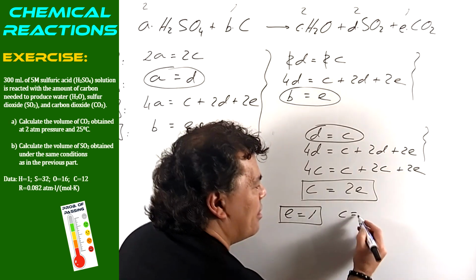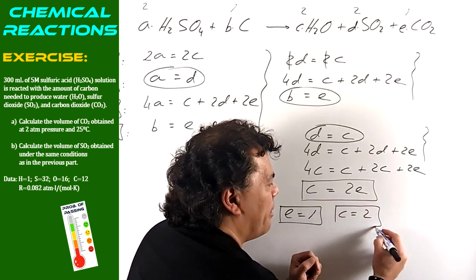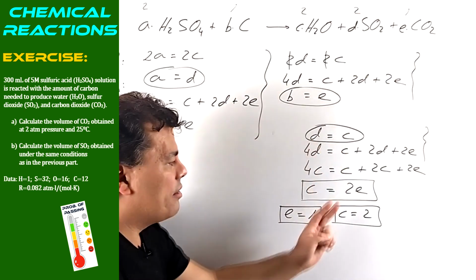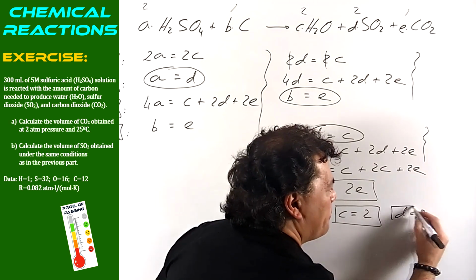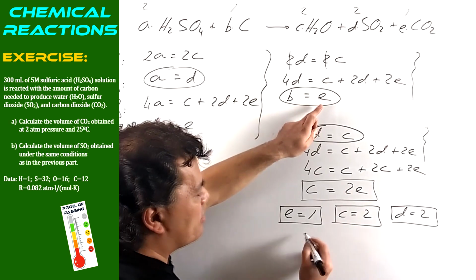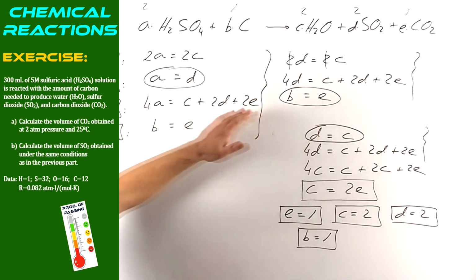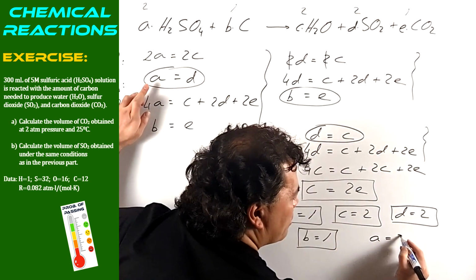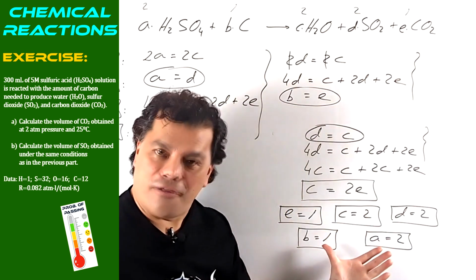Thus, C equals 2. 2 times 1 is 2. And D must be equal to C, so D must be equal to 2. And B equals E, so B equals 1. And finally, A equals D, so A equals 2. And here we have the stoichiometric coefficients.